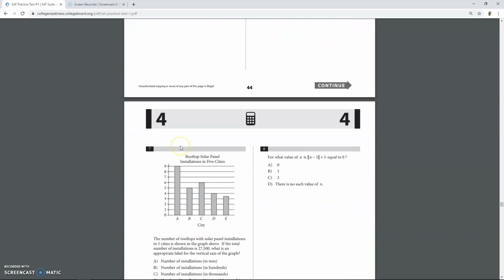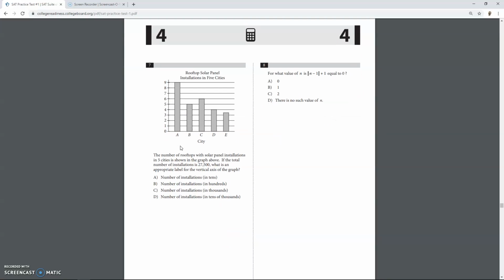And for the seventh one, it asked for the appropriate label for the vertical axis of the graph. And now we see the vertical levels of the graph are from 0 to 9. And we know the total number of the installations is 27,500.